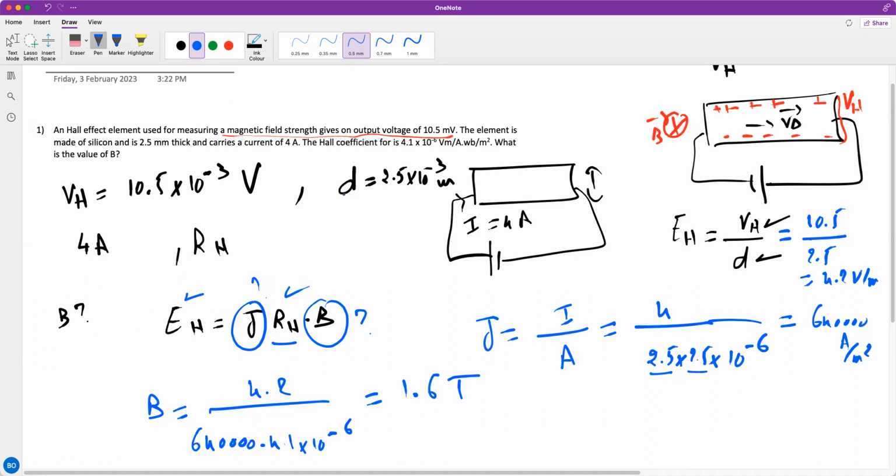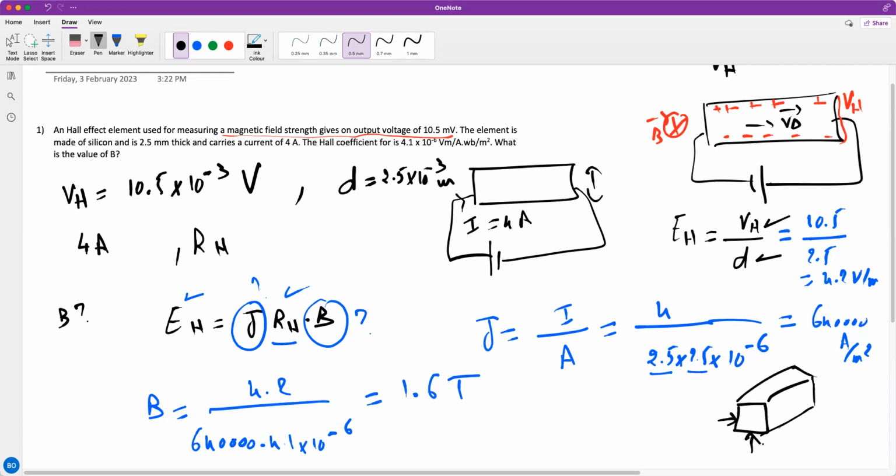Any question? Why is the area 2.5 times 2.5? Because I just took the area as a square. This is the element that I have, and this is the thickness. Professor, do we always assume it's a square?